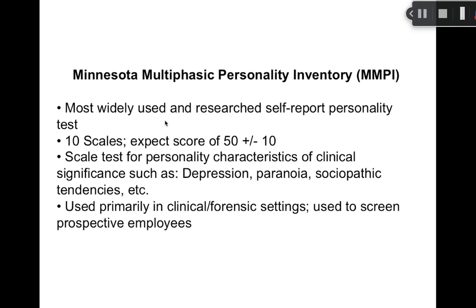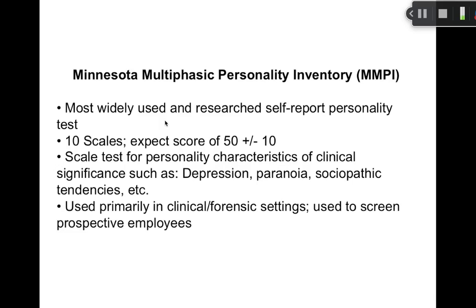Another very commonly used objective self-report inventory is the MMPI, the Minnesota Multiphasic Personality Inventory. This is the most widely used self-report personality test. I think there are some 300 items on the full battery, but it can be broken out into 10 subscales. So you don't have to administer the whole test.